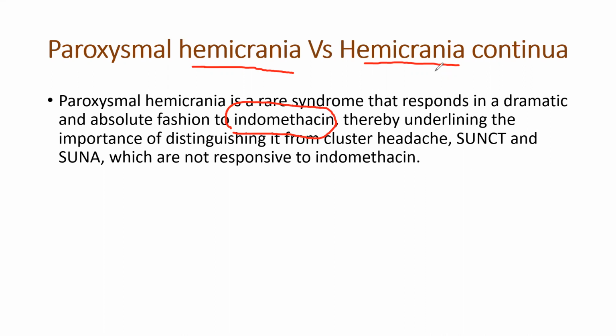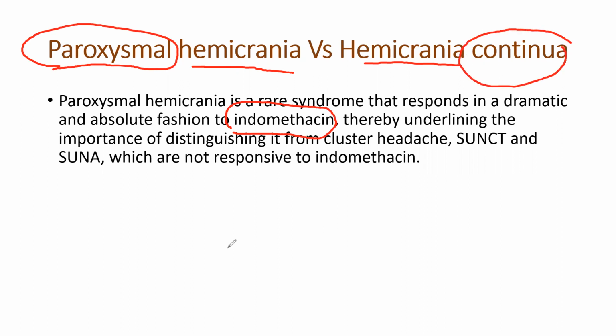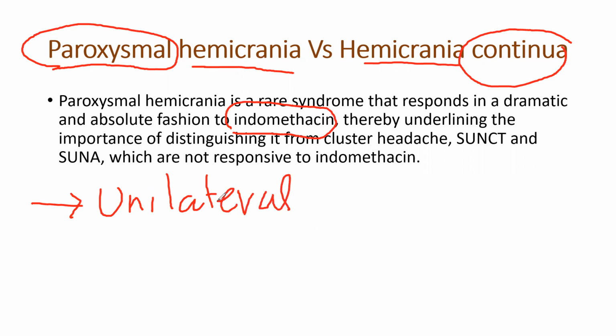Second thing: paroxysmal hemicrania means transient hemicrania, and hemicrania continua means a continuous hemicrania. So there could be strictly unilateral symptoms. The first important thing is that because it is hemicrania, involving one half of the head, it mimics cluster headache.